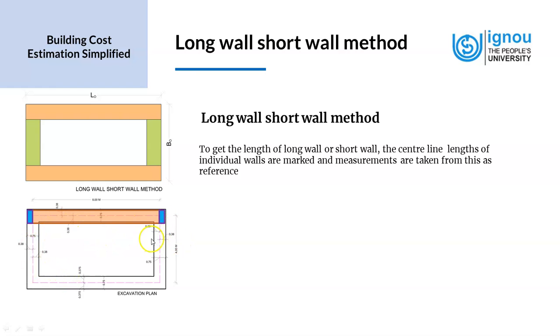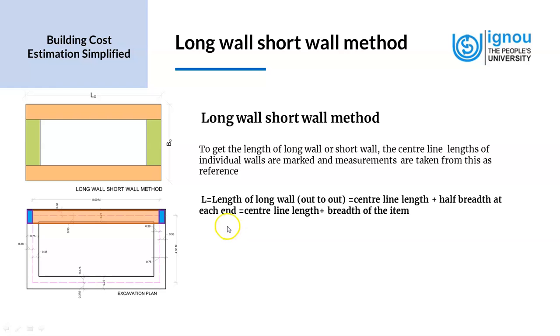So on either side, the plan is symmetrical. That's something to be kept in mind when we are taking the central line. This central line is essential for making our measurements, because all the references are through the center line. The pink dotted line that you see around is the center line.